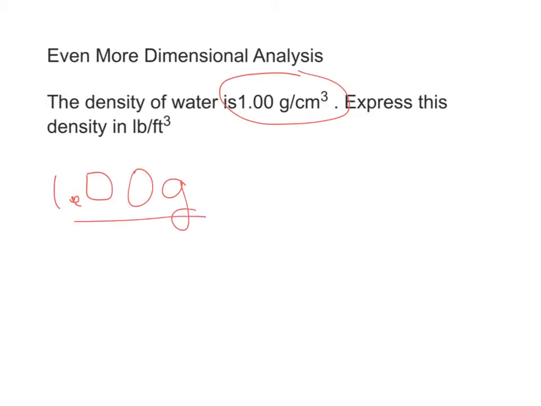I don't need to put it over 1 because I have centimeters cubed here in my denominator. And I'm trying to figure that out in pounds per cubic feet. And so I see I didn't give you any conversion factors, so I will need to do that as well. Obviously, on a test or a quiz, you would always be provided with those. All right, so I'm going to try to turn this into pounds per foot cubed.